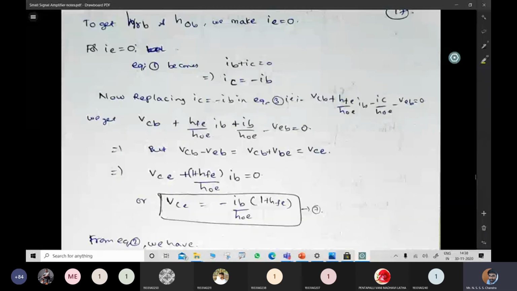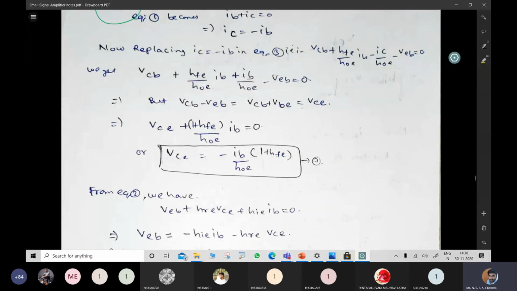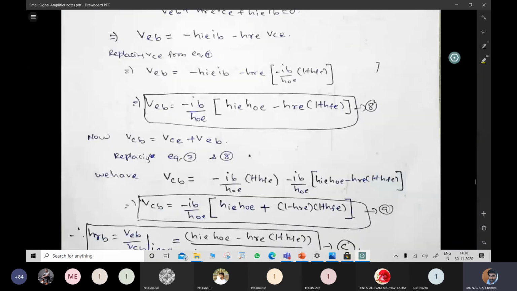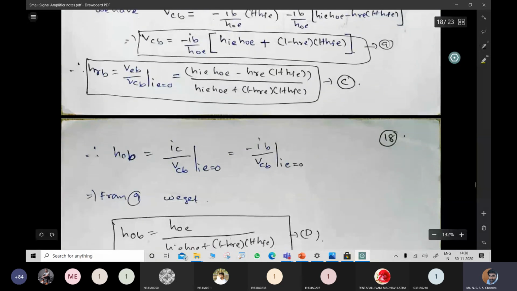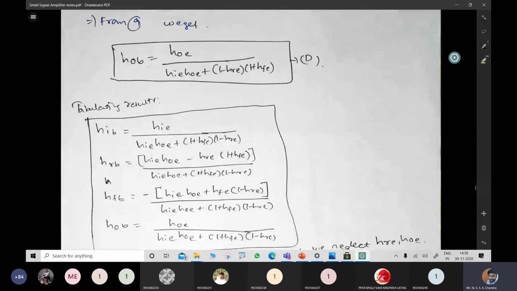We will be keeping IE equal to 0 and again rewriting the equations to finally obtain the HRB value and HOB value.